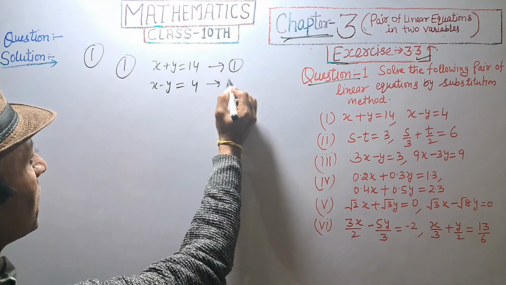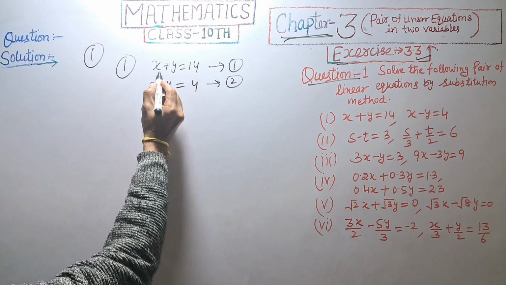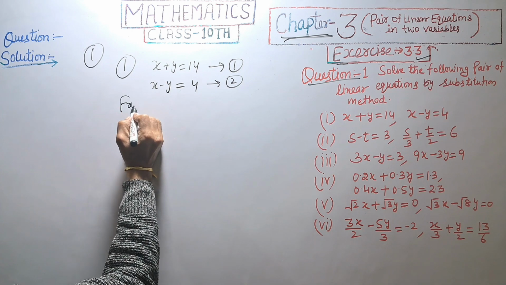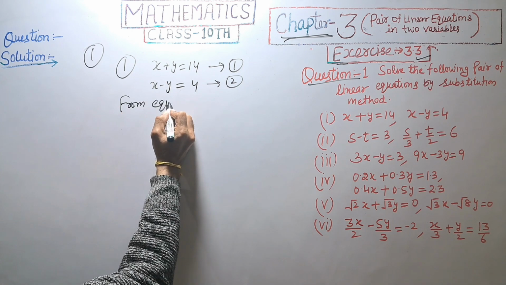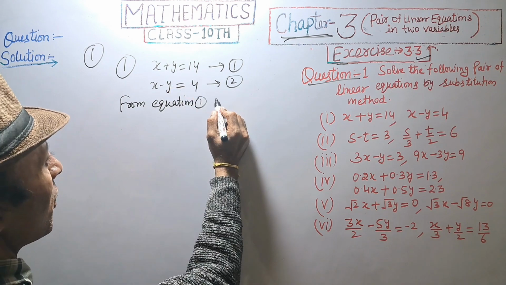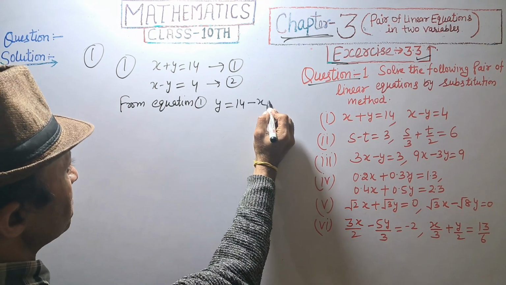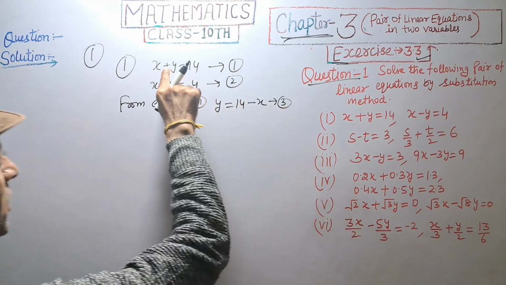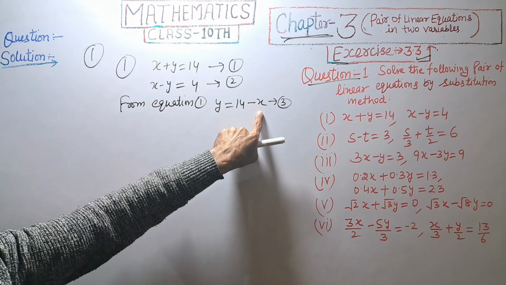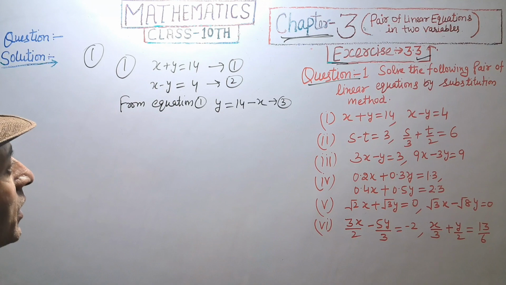Equation first, equation second. From equation first, y is equal to 14 minus x. Shifting x to the right side, that will be negative x, 14 minus x, equation third.